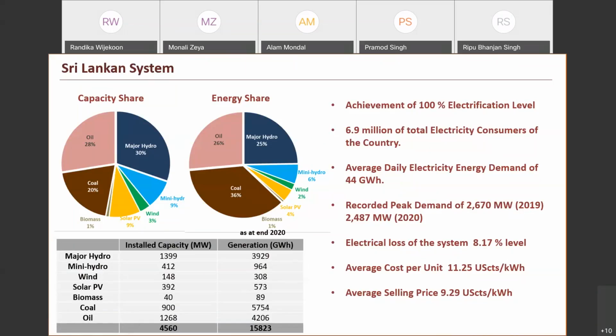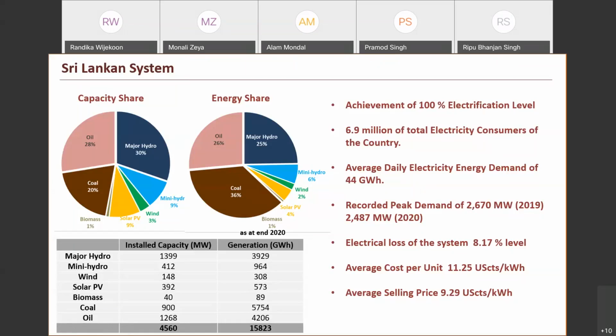In this slide, I explain that our system is comparatively small in the region. It has only 4.5 gigawatts of installed capacity with 2.6 gigawatts of peak demand. And one important characteristic of our system is that it is an isolated system. It is not connected to anywhere in the region. But one advantage we have is that we have a fairly good mix of resources, as shown in the slide.